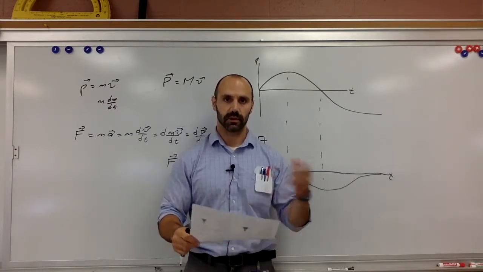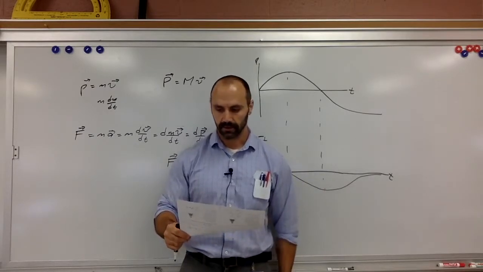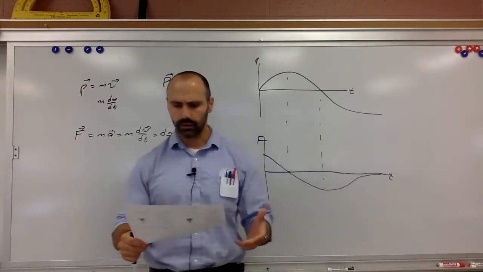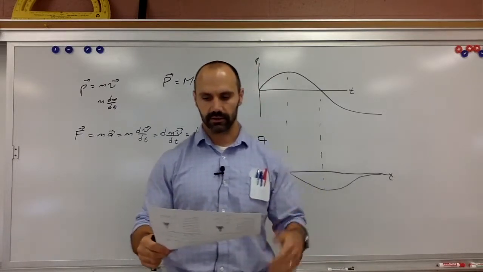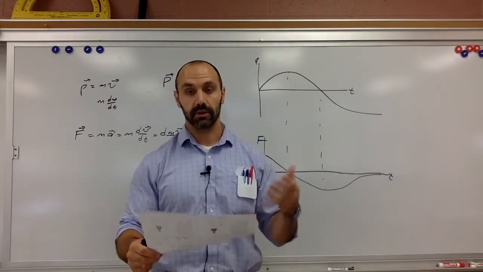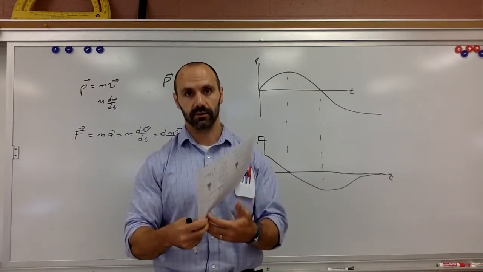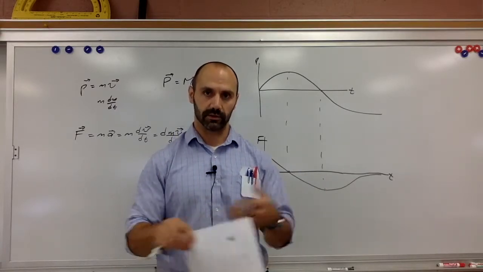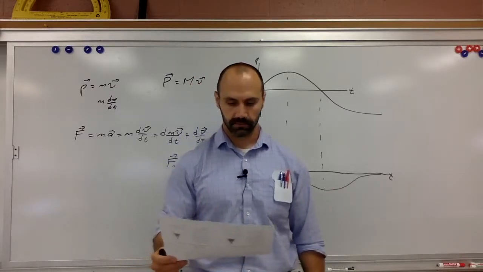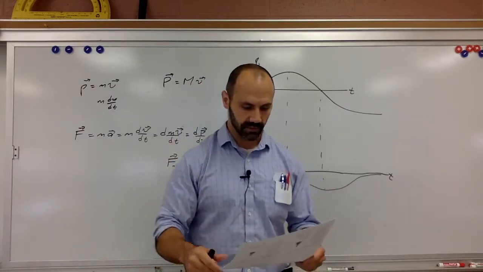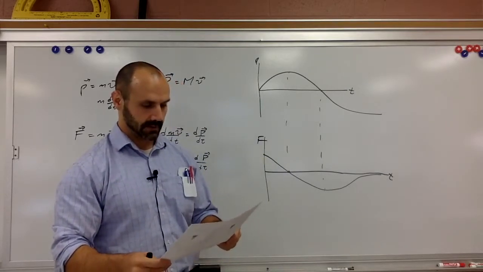That's the difference between elastic and inelastic. If the kinetic energy is conserved, it's called elastic. If it's not conserved, then it's inelastic, which could be totally inelastic, where the things stick together, or partially inelastic, where they bounce off, but some kinetic energy is still lost into some other form of energy, usually heat.